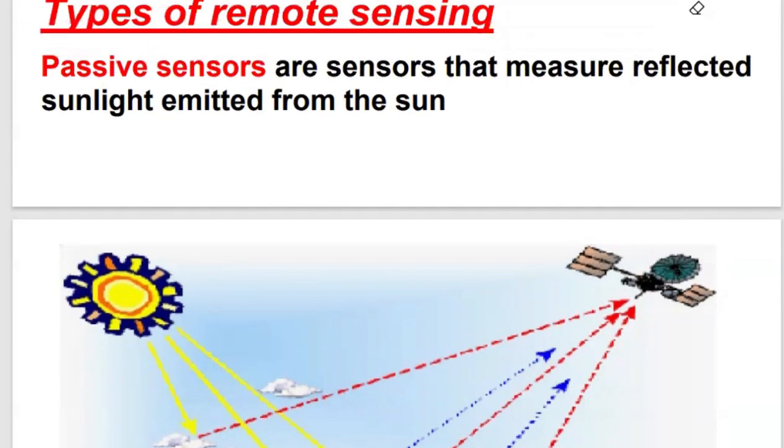As the sun's shortwave rays hit the Earth's surface and other objects, they tend to reflect energy back, and the sensors use that energy to get information. That is basically how passive remote sensing works.